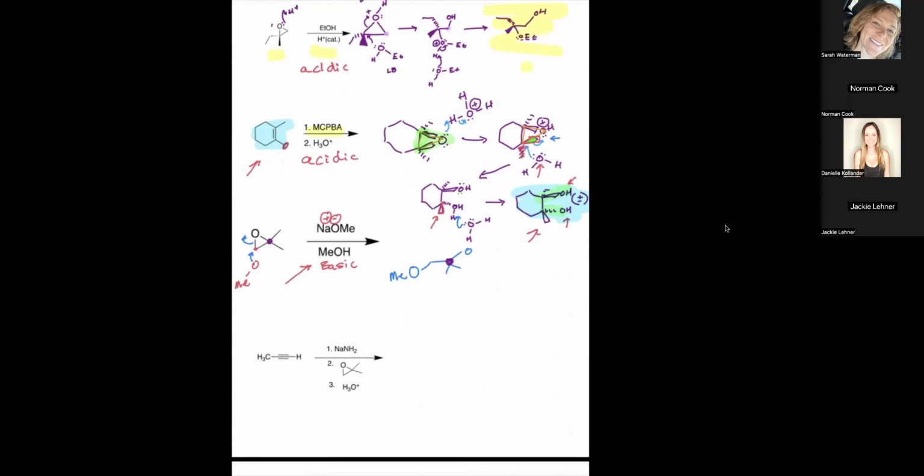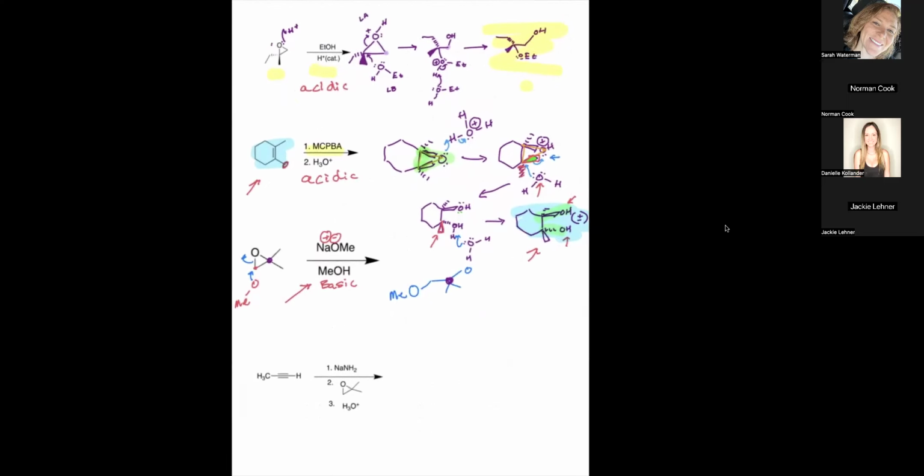I'm like, wait, where's my other one? Right. Yes. So this carbon here in purple is this carbon here in purple. So anyway, okay, so now we have in our basic conditions, because this now is reacting with MeOH, is our basic condition.